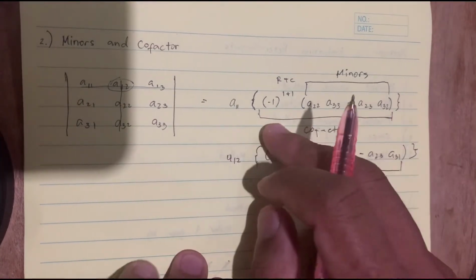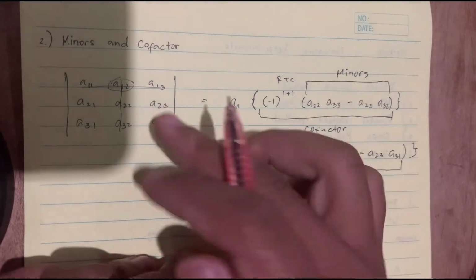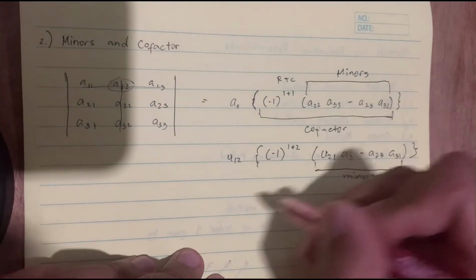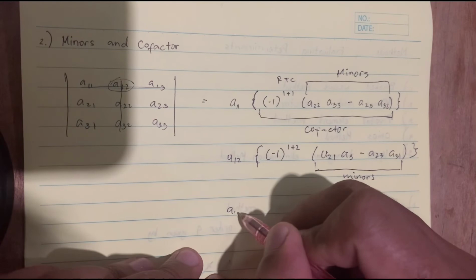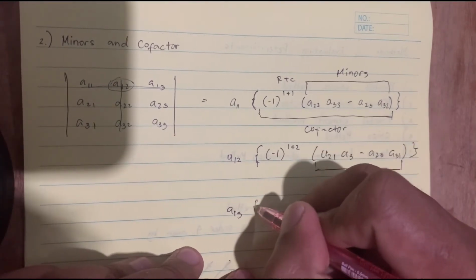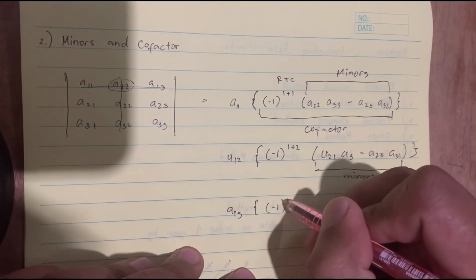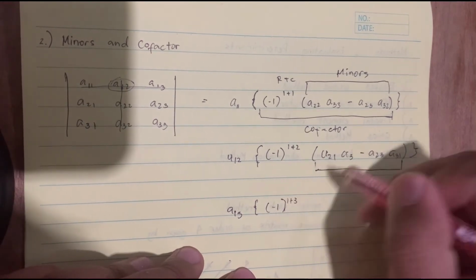Ano naman daw yung minors and cofactor ng A13? A13. Simply 1 plus 3.